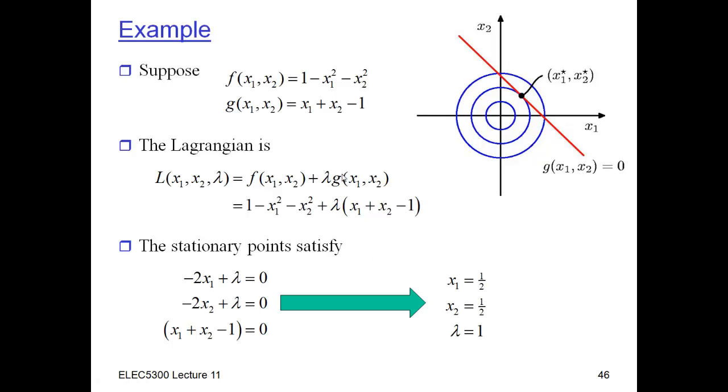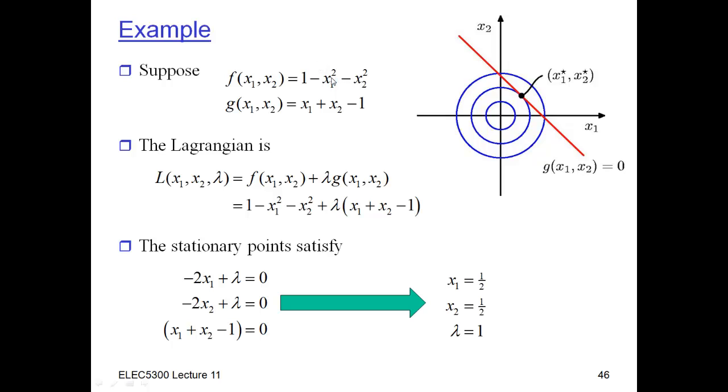of this, which is shown here. My function here is f of x1, x2 equals 1 minus x1 squared minus x2 squared. When this is equal to 0, I get a circle of radius 1.